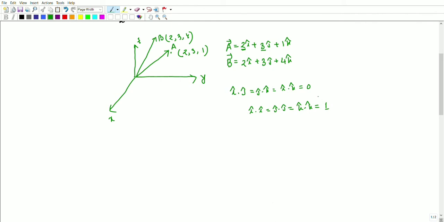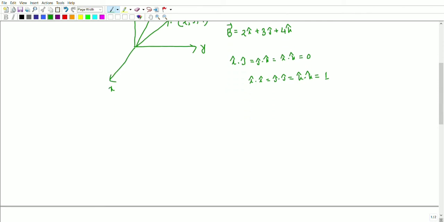So this type of basis vectors, which have individual magnitude 1 and are mutually perpendicular to each other, are called orthonormal basis or orthonormal vectors. So the condition of orthonormality is that first those vectors have to be orthogonal, and then for orthonormality individual vectors should have magnitude 1. These are called orthonormal basis vectors because here we are talking in terms of vectors. So now coming to the Fourier series.